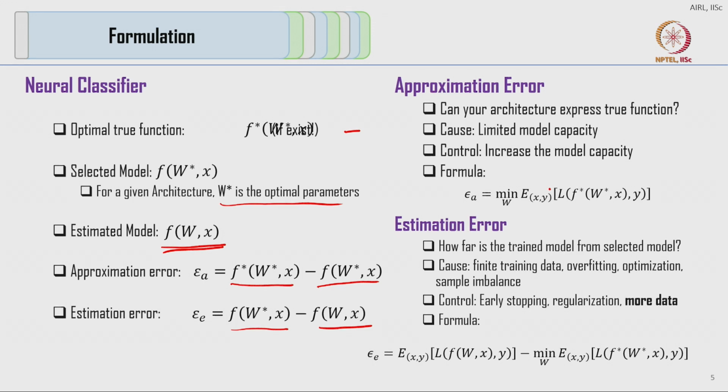We talked about the factors affecting generalization in the previous lecture. Sample imbalance, how the sample distributions are. All these are going to affect finding the optimal W. Now if I have to mathematically define my error, it is the difference between the estimated model and the true function, which is my estimation error.